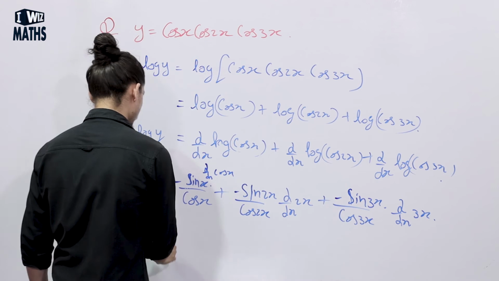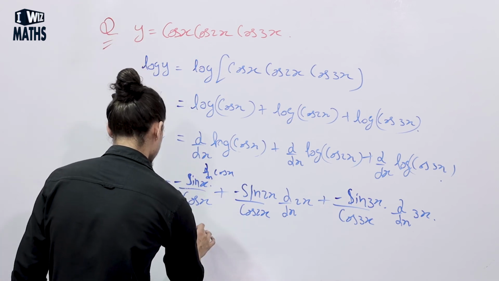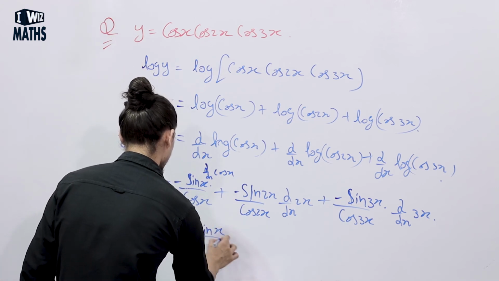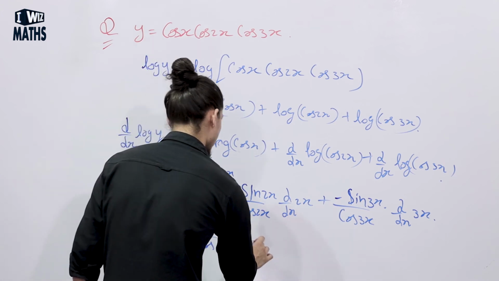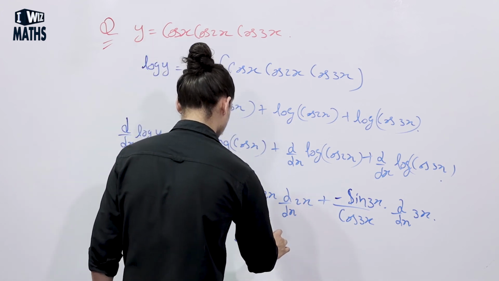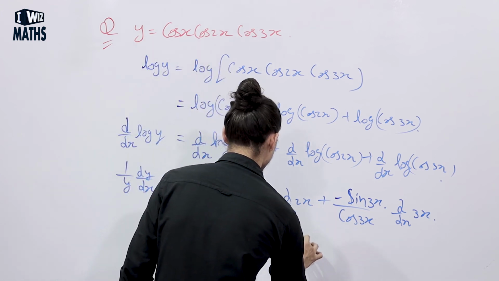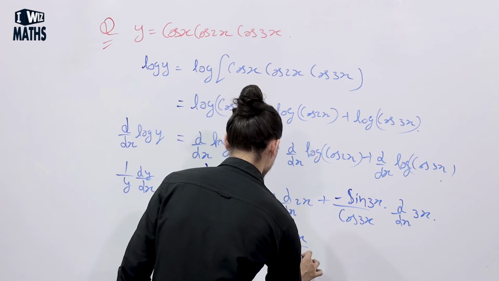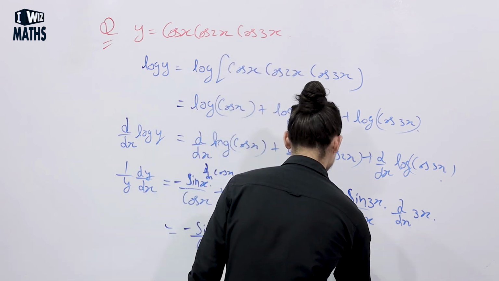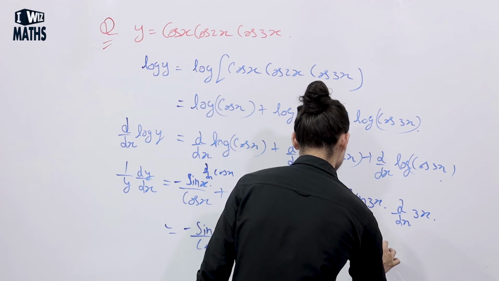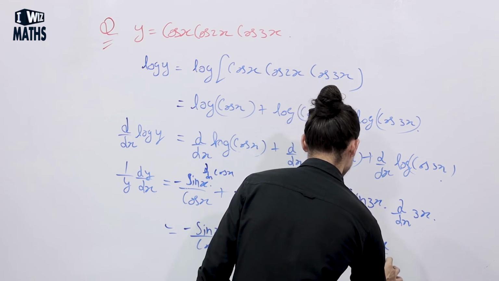So its final derivative will be equal to minus sin x upon cos x minus 2x sin 2x upon cos 2x minus 3x sin 3x upon cos 3x.